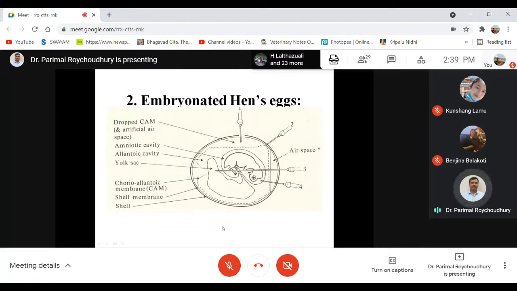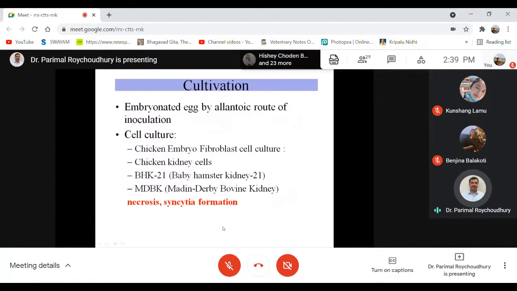So these are included in your practical classes. If possible, sometime we'll have it and we'll do it. Okay. So if you inoculate an embryonated egg, depending on the virus, if it is highly virulent, what we call velogenic, then the embryo will die within 40 to 60 hours of inoculation.